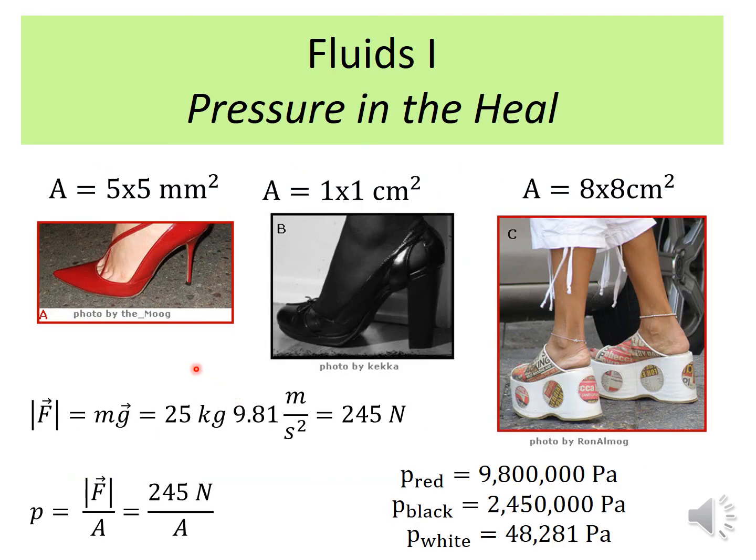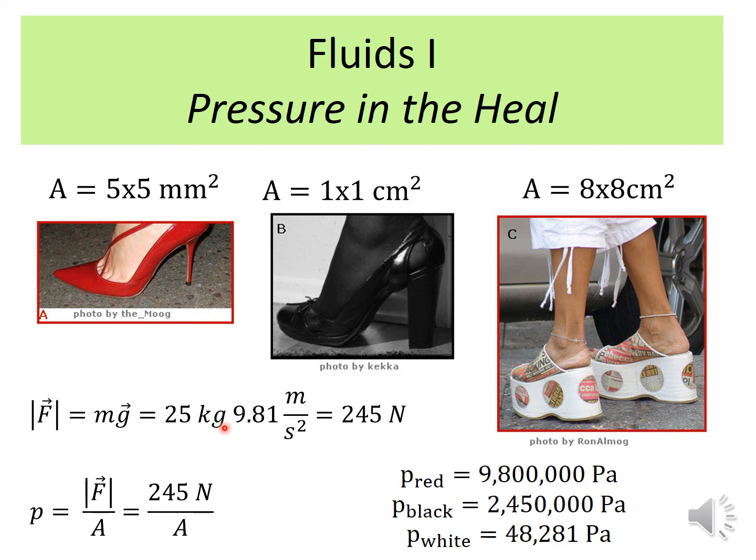So I have made an example here for you. I have considered a 50 kilogram woman, and she is distributing her weight half onto the toe zone and half onto the heel. And I calculated the force which is coming out of this distribution.